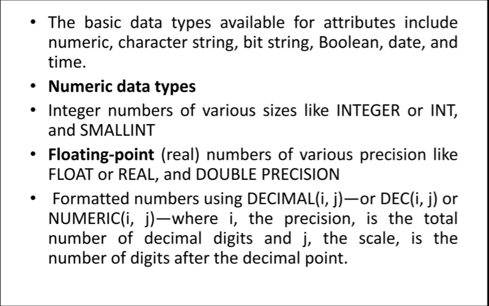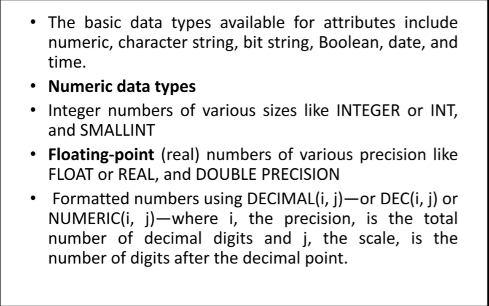So what is the total number of decimal digits? 3, that is 2.32. After the point, how many digits are there? 3 comma 2 means after the decimal point 2 digits should be there.